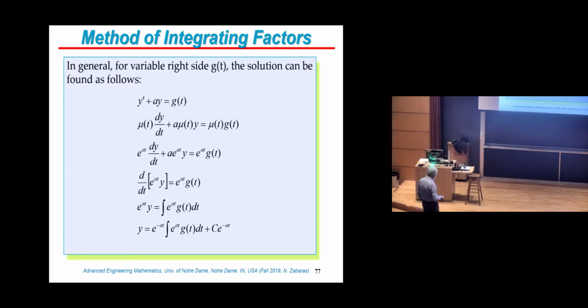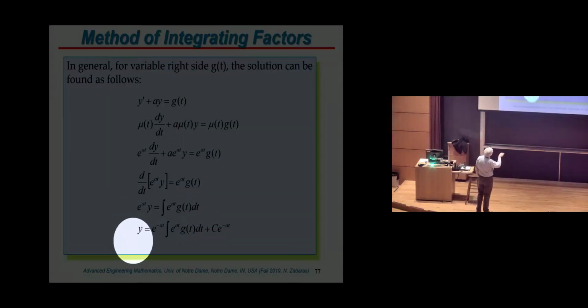And actually, you can verify that this is the solution to the particular problem, because if you take y prime of the first term alone, you're going to have the derivative of e to the minus at times this integral, and then you're going to have e to the minus at times the derivative of the integral, which will be e to the at times g, and that will give you a g term there, okay?